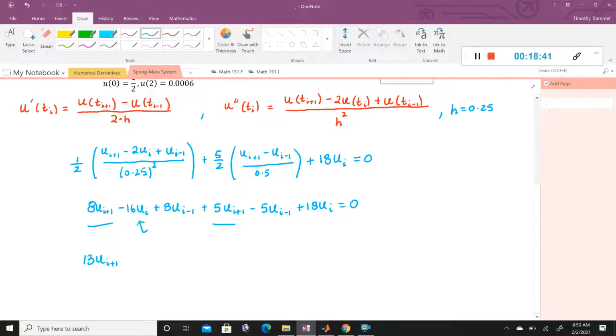So it looks like we have 1 here and 1 here. So 18 minus 16, that's plus 2 u sub I. And then lastly, we have 8 u sub I minus 1 minus 5 u sub I minus 1. So that's plus 3 u sub I minus 1 equal to 0.